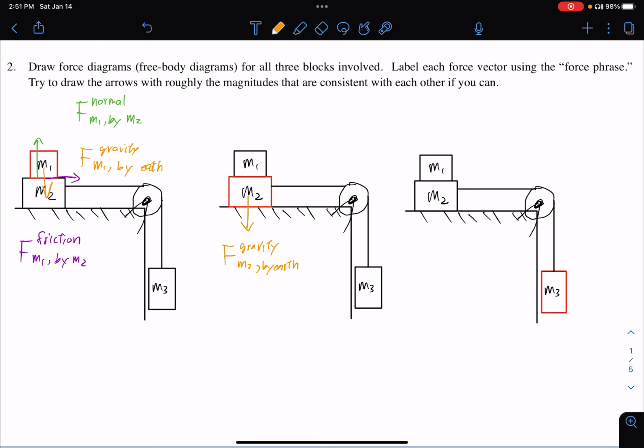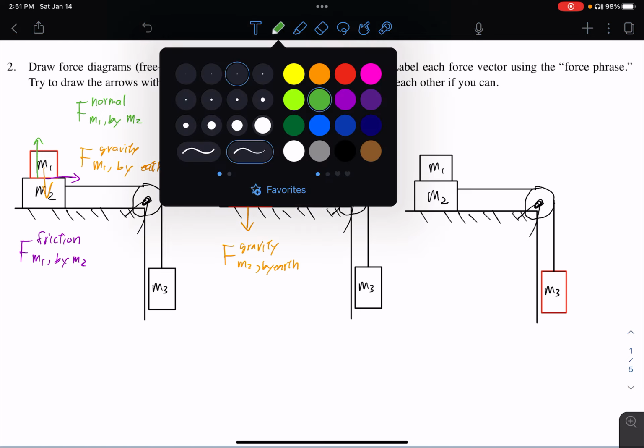And we have a normal force from the table, which is pointing upward. It is a normal force because it's normal to the surface, and it is acting on M2 by the table. Now, M1 on top will also push down on this block, so it will also give a normal force.